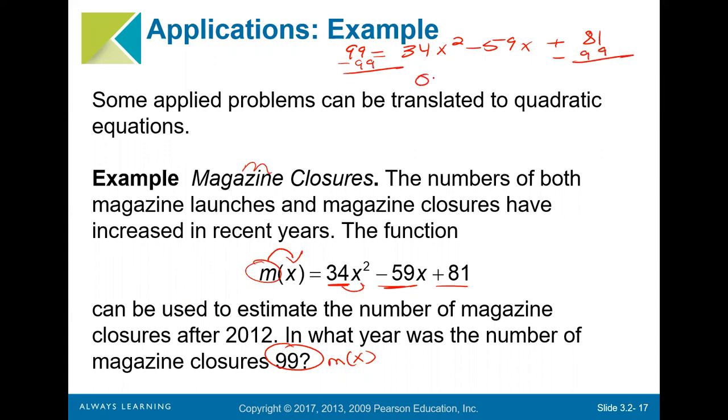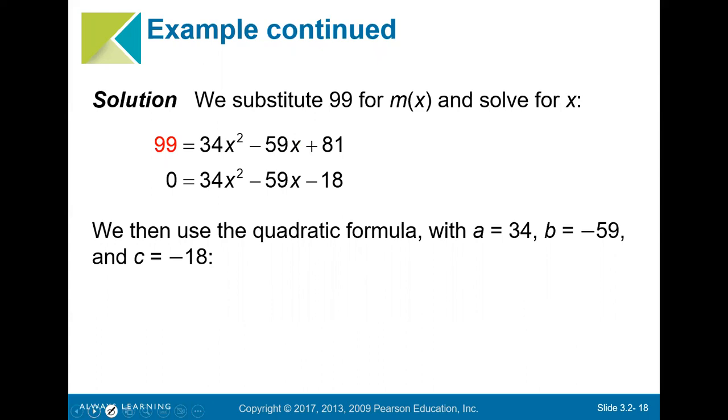And so now I have 0 is equal to 34x squared minus 59x minus 18. Okay, I'm going to go to the next slide just because I don't have a lot of room. And if you'll notice, voila, we're doing good. So now we acknowledge what A is, 34, B is -59, C is -18.